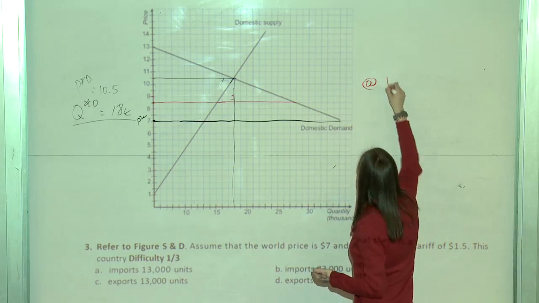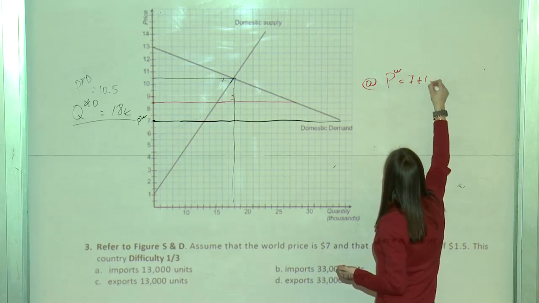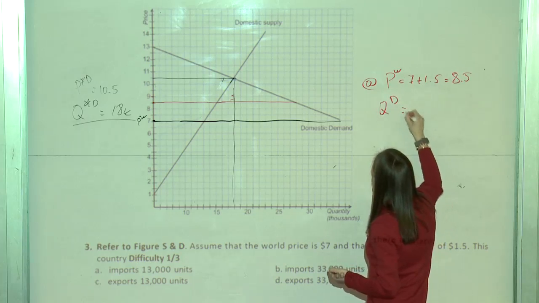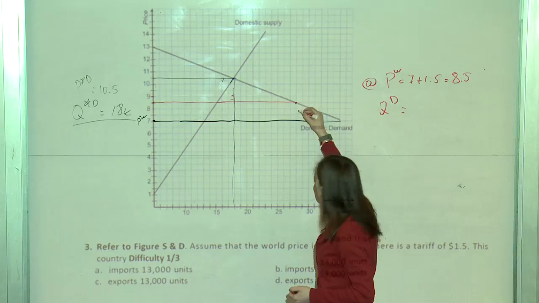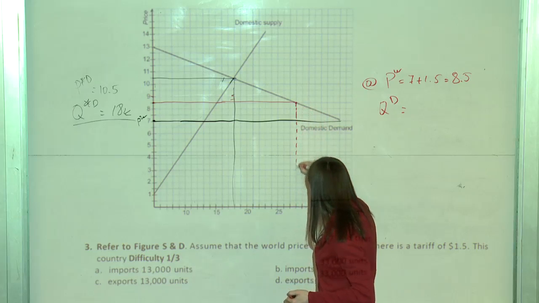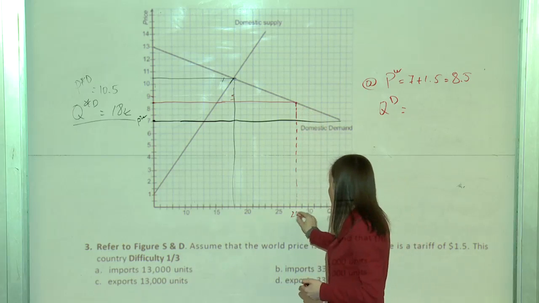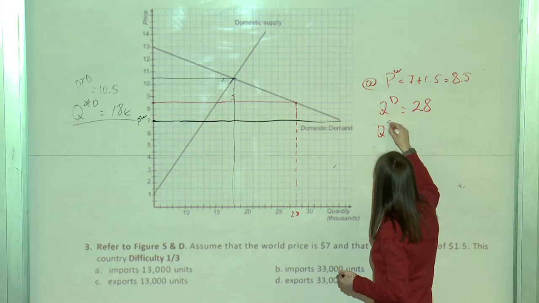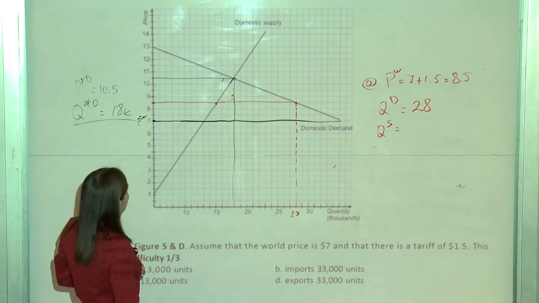So at the price of 7 plus 1.5, which is 8.5, quantity demanded is here, when they intersect the demand curve. What is that? 28. So it's 28,000, and the quantity supplied at that price is 15.